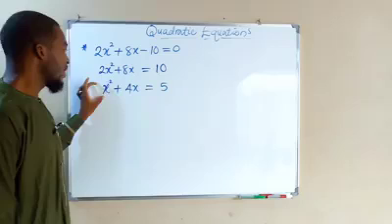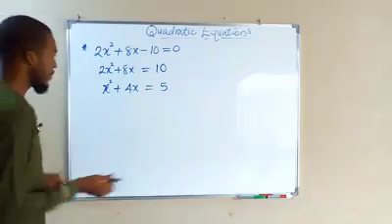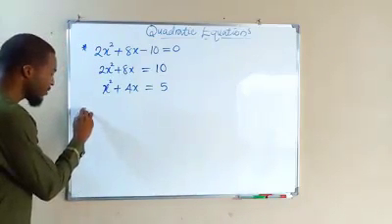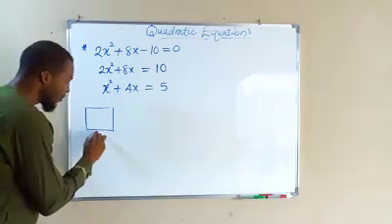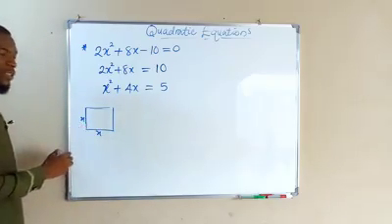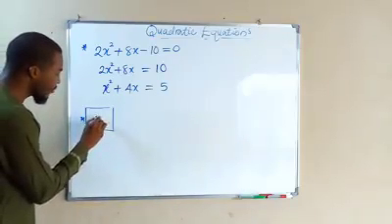Now we want to represent each of these terms by a plane figure. The first one is x squared, which is represented with a square of dimension x, such that the area of this square is x times x, which is x squared.